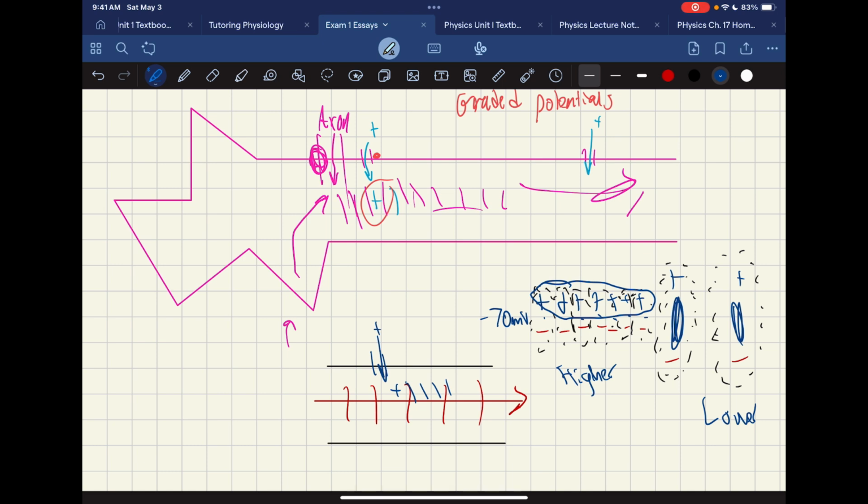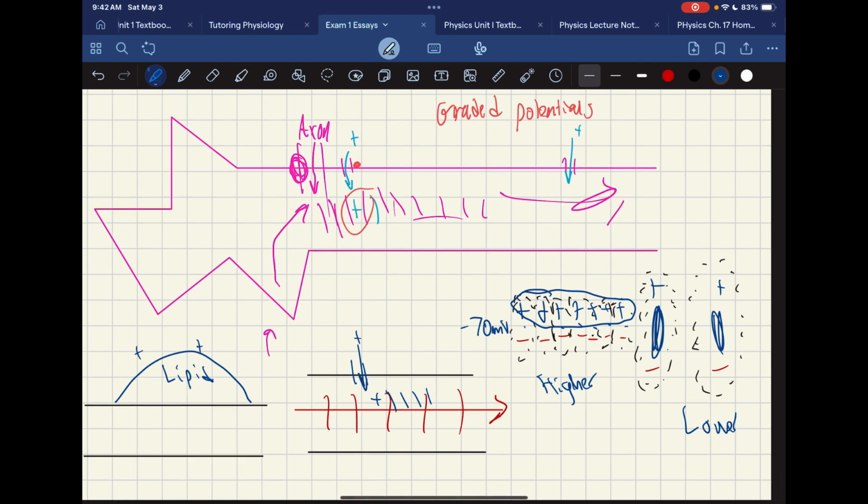However, we learn about the myelin. The myelin is super interesting because it's the Schwann cell, or a lipid we can call it, which is an easier way to put it, which still carries the charge.